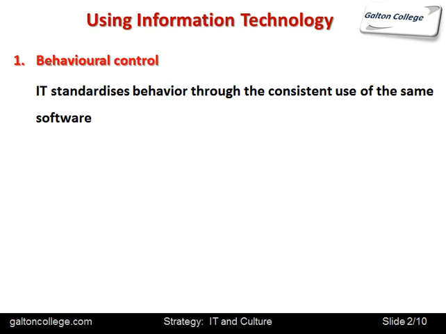So, for example, use of Microsoft Office or Google Office facilities, which are online, or one of the many other Office packages. The use of those packages standardizes the workflow within companies.